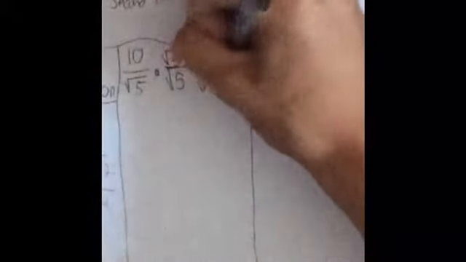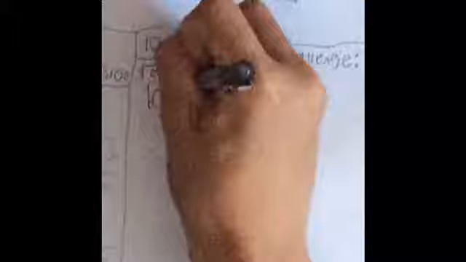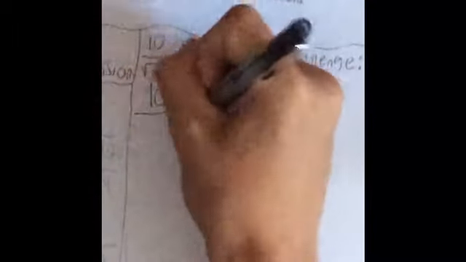So it's going to be 10 rad 5 over rad 5 times rad 5. And this makes it a lot easier to solve. The next step is just multiplying the bottom. So the numerator is 10 rad 5, and the denominator is rad 25.